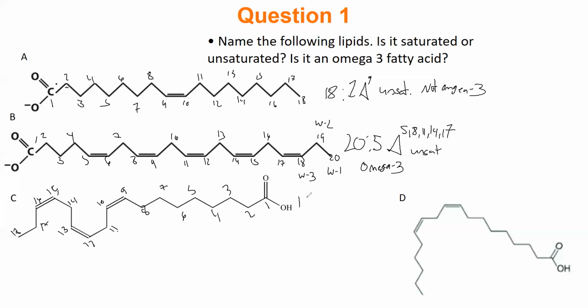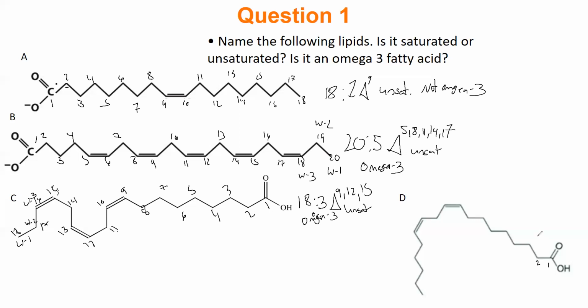So this is an 18 carbon fatty acid. 1, 2, 3. We have three double bonds rather. So delta 9, 12, and 15. This is also an omega-3, omega-1, omega-2, omega-3. And it's also unsaturated because we have double bonds.